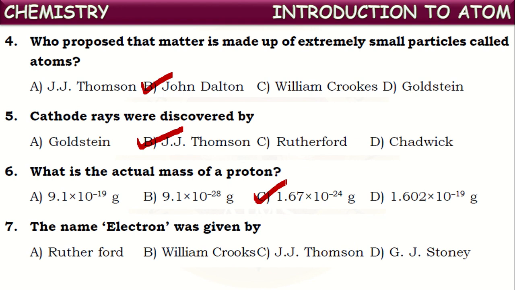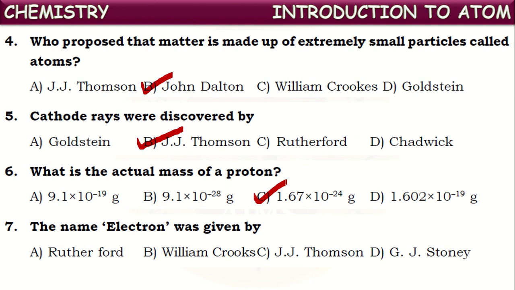the name electron was given by. Yes, actually, at the starting, when they were discovered, these particles were called cathode rays because these particles were discovered in the discharge tube experiment by J.J. Thomson. He observed these particles being emitted from the side of the cathode and traveling towards the anode side.